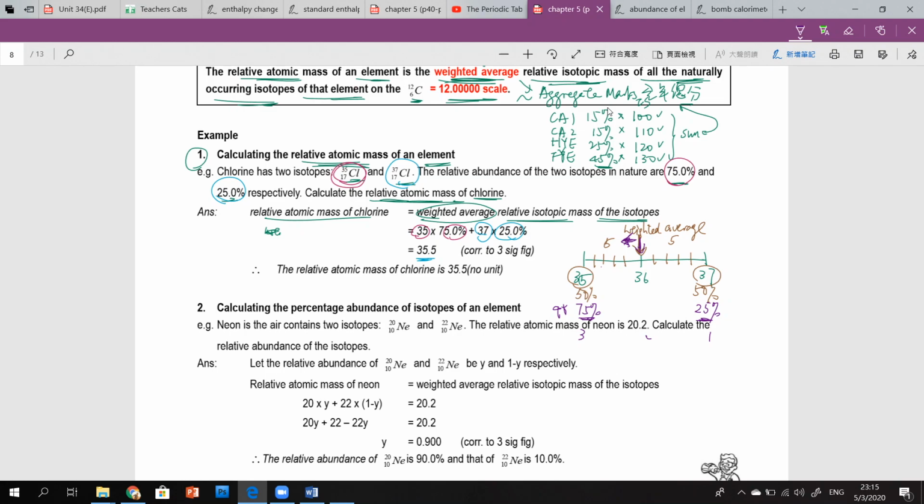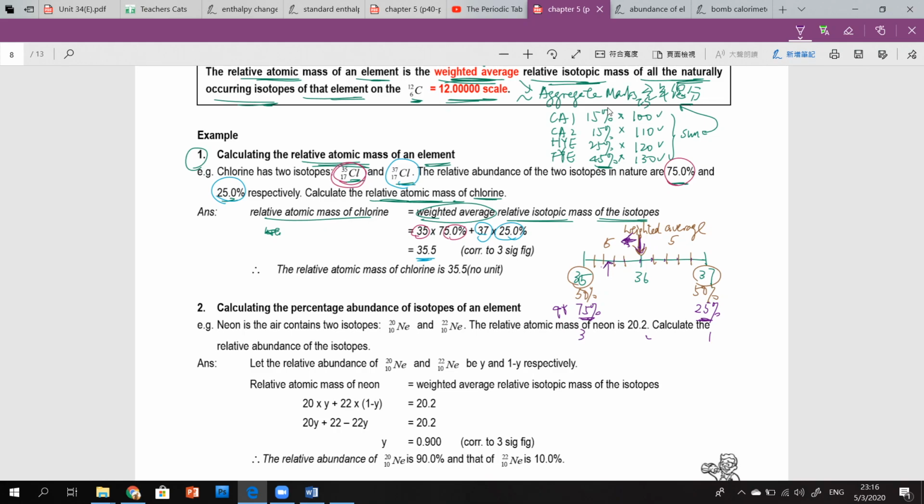Or in other words, some of you would love to use 75% and 25%, which means that you are going to count the number 1, 2, 3, 4, 5, 6, and 7. 7.5. Can you see that? And we have got 2.5 for 25%.